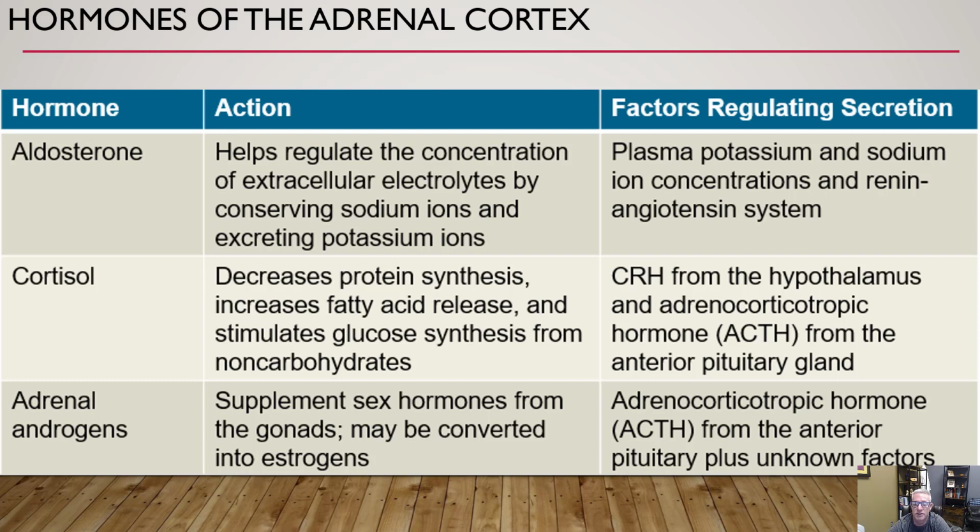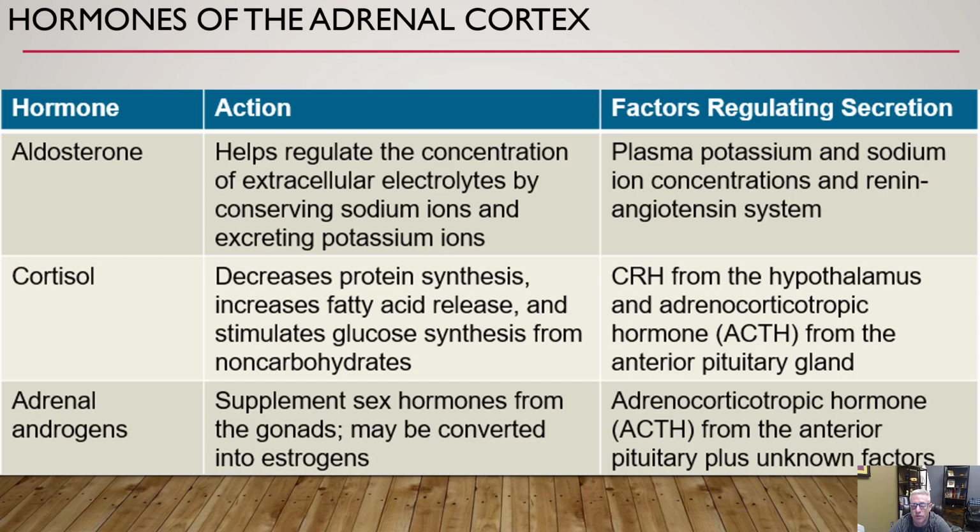It's going to stimulate your liver cells to synthesize glucose. That's called gluconeogenesis, synthesizing new glucose. And it's going to promote fatty acid release to use as body energy so that the brain can use the glucose for the neurons' energy source.